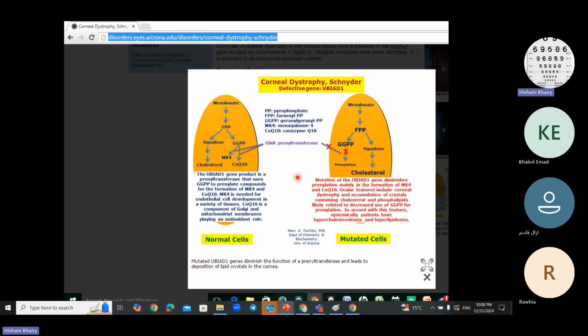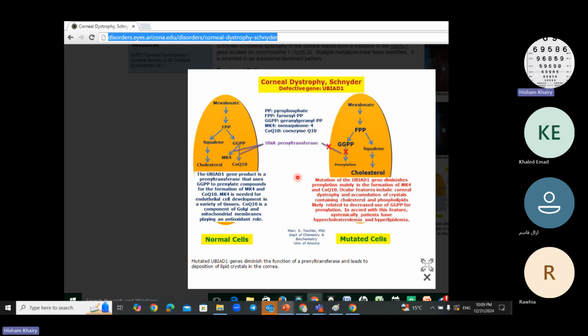MK4 is needed for endothelial cell development in a variety of tissues, and CoQ10 is a component of Golgi and mitochondrial membranes, playing an antioxidant role.